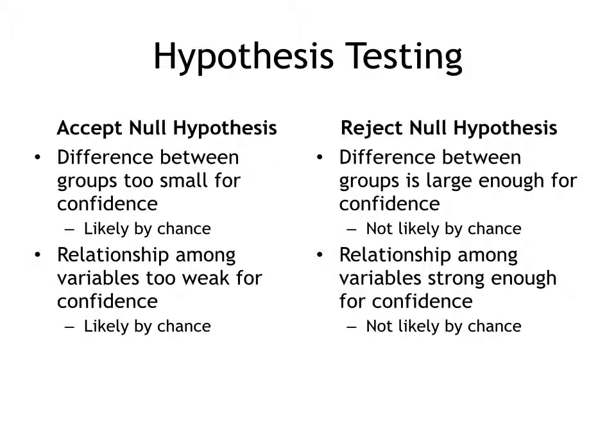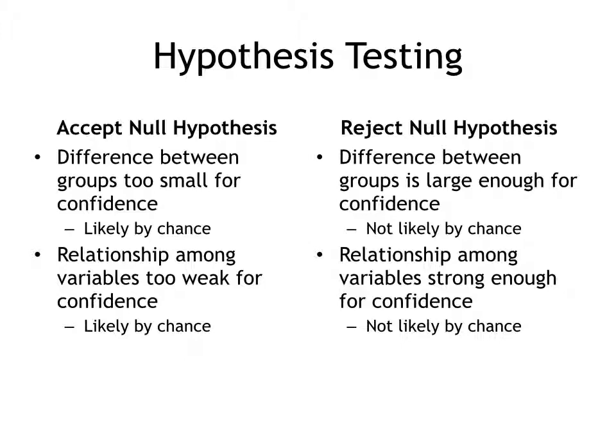Okay, to kind of bring this to a conclusion then, hypothesis testing. On the left-hand side, we accept that null hypothesis if you can't find a difference between the groups. It's too small for any kind of a confidence, and you have to say that any difference I found was probably just by chance, and a different group might have it, might not. Or you say that the relationship among those variables is so weak that it's probably just happening by chance.